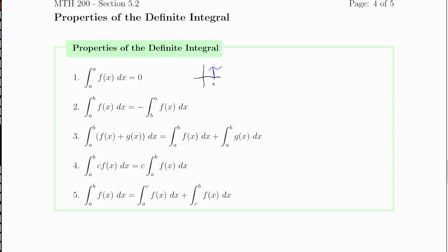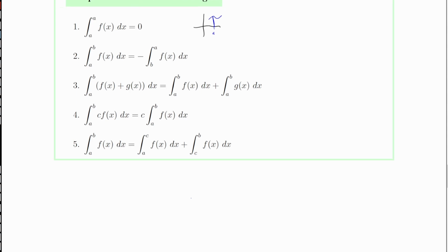And then this next one, we have to be a little bit careful with, and I want to explain this last property: the integral from a to b of f of x dx. Let me start by drawing this. Suppose I have a function f of x, and we take the integral from a to b.